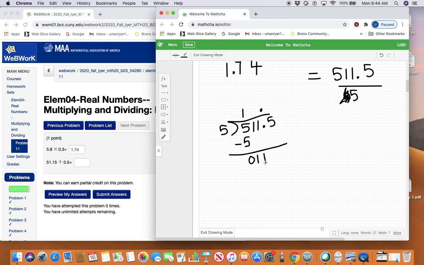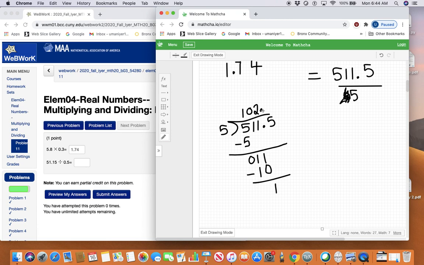5 goes in 11 2 times. So I have to write the 2 above the second one, you see. So what happens above the first one? There was nothing. So that's a 0. Alright. So 2 goes in. 5 times 2 is a 10. That gets me remainder of 1.